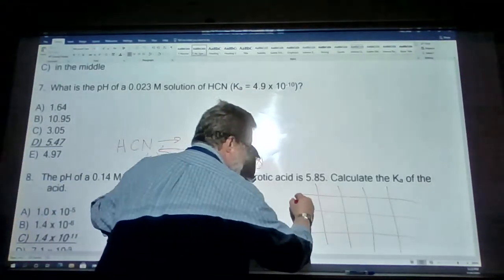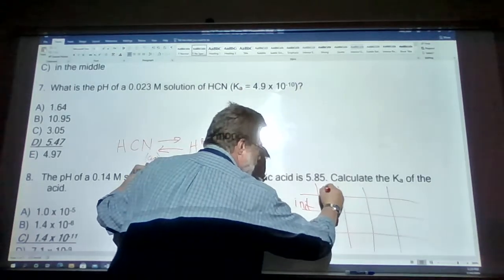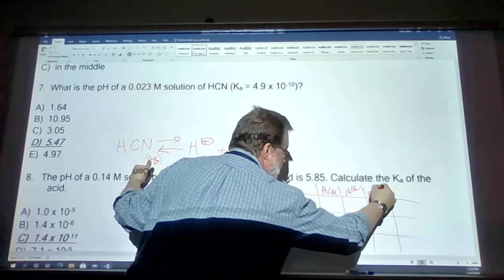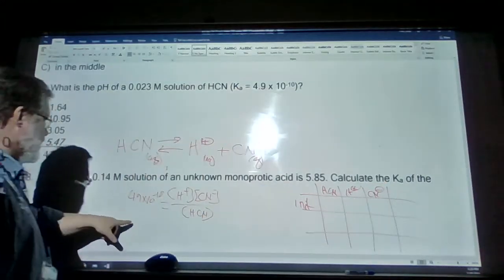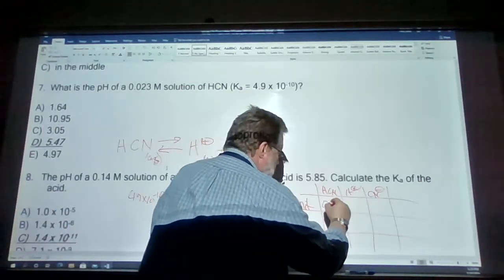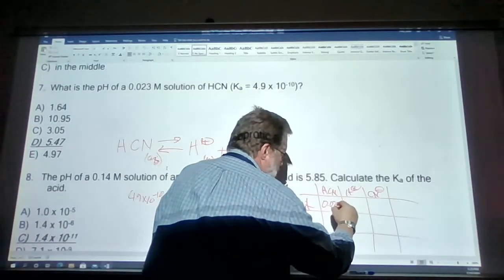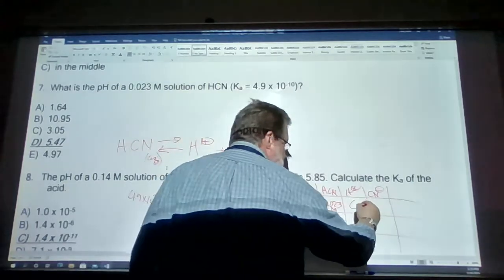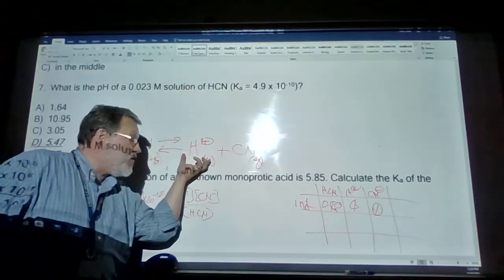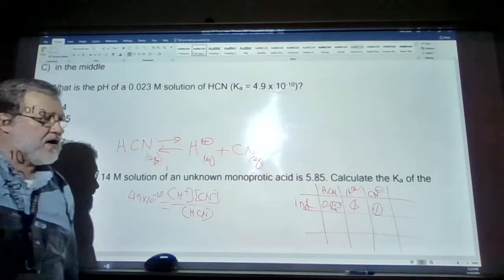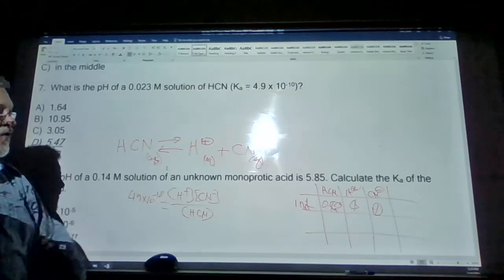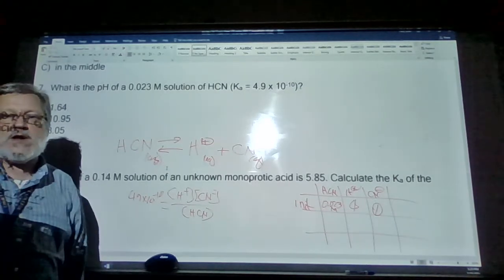Initially, we have 0.023 molar HCN solution. Initially, H plus and CN minus are 0. Before we add the HCN to water, there is no H plus and no CN minus. After we add it to water, there is a change. Do we know exactly how much? No, we don't.